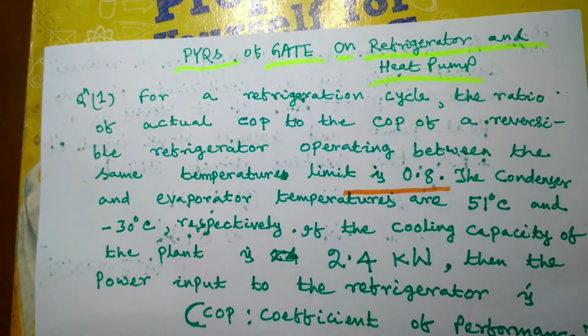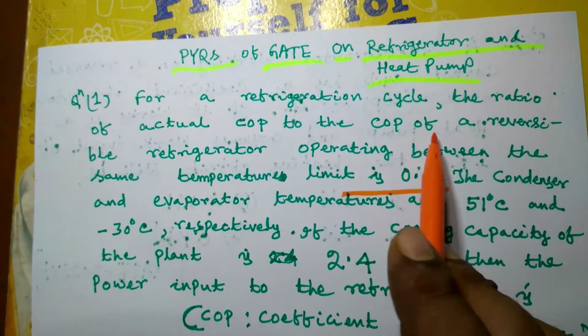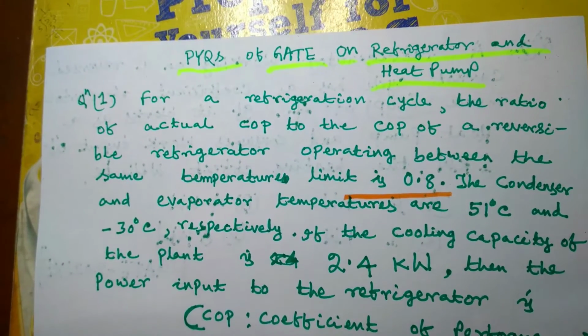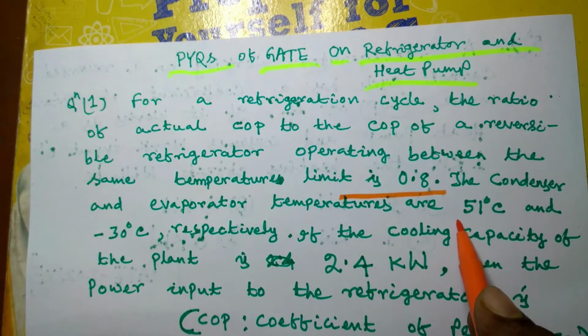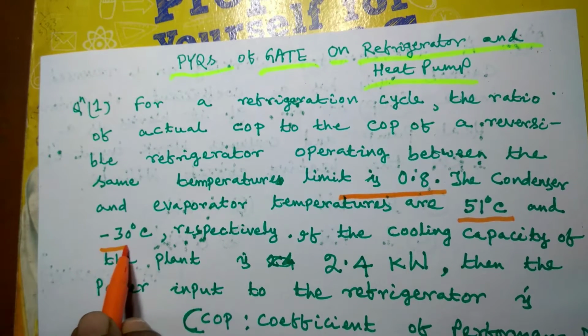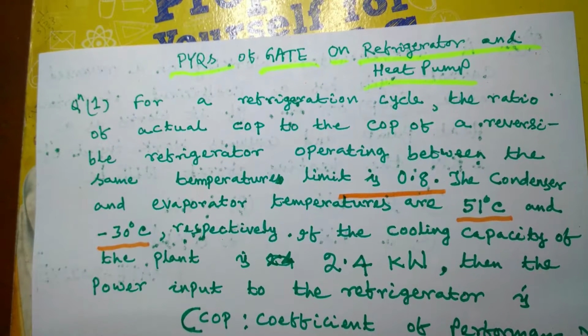Obviously, we know that between two given temperature limits, the COP of a reversible refrigerator is the maximum one, and the actual refrigerator will definitely have a COP less than that. That's why the ratio is 0.8. The condenser and evaporator temperatures are 51 degrees Celsius and minus 30 degrees Celsius respectively.